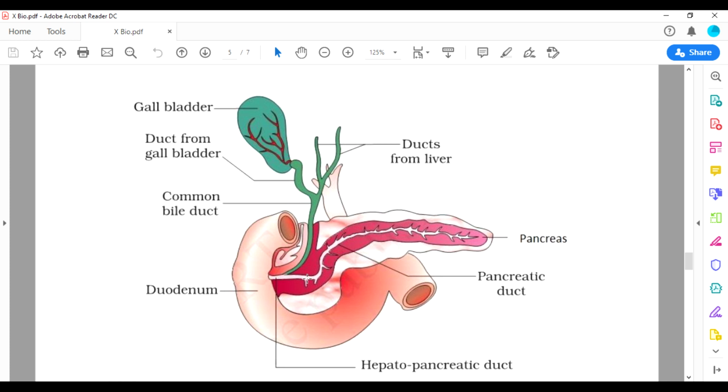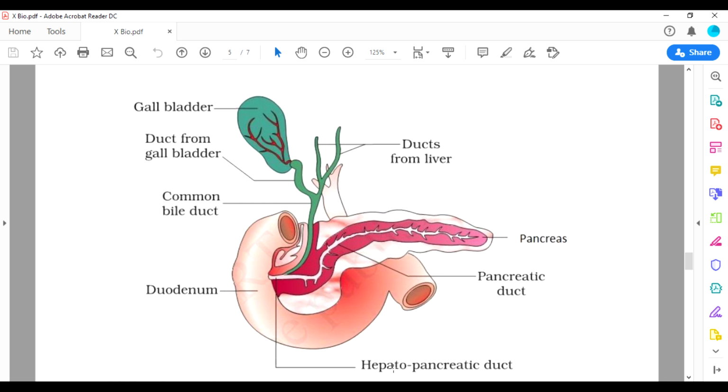The pancreas opens through the pancreatic duct. The bile duct and pancreatic duct both fuse before opening into the duodenum. They fuse and form a common duct, and this common duct is called the hepatopancreatic duct. So, the liver and pancreas both open into the duodenum through a common duct.